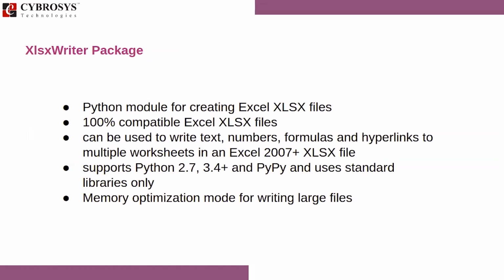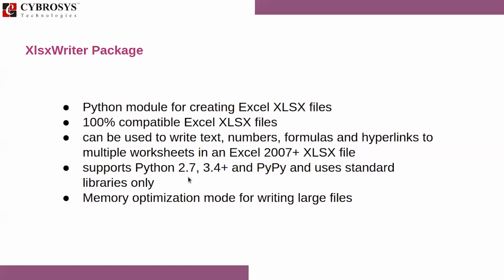The XLS writer package is a Python module that can be used to write text, numbers, formulas, etc. It also supports various features such as formatting and many more, like cell merging, conditional formatting, charts, etc. Also, here you can see it supports Python version from 2.7.